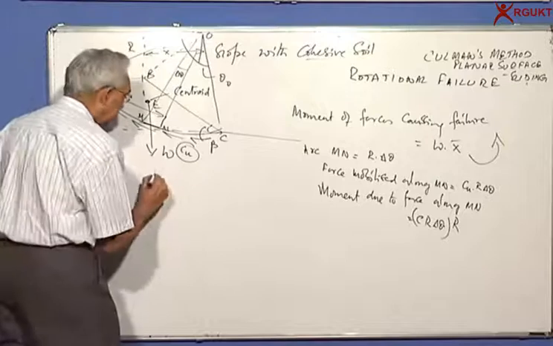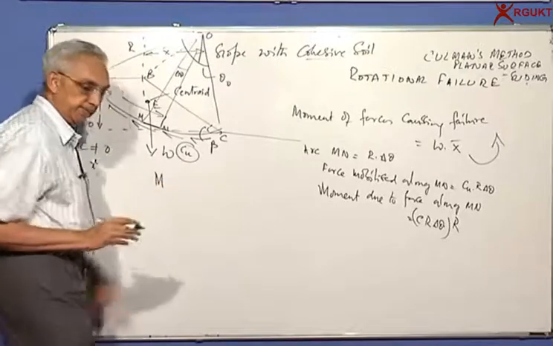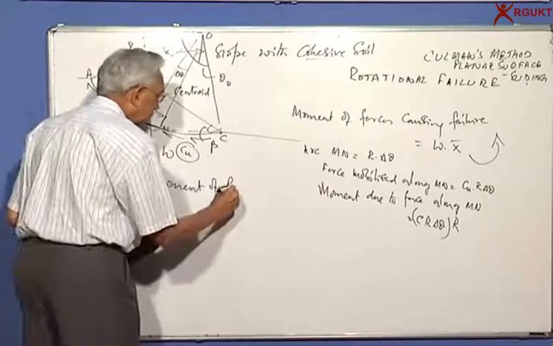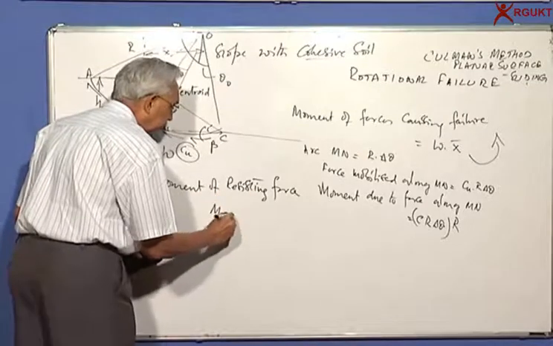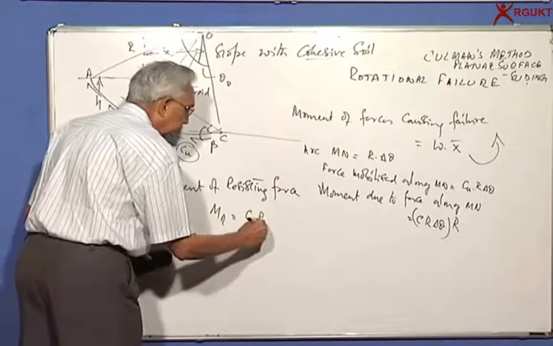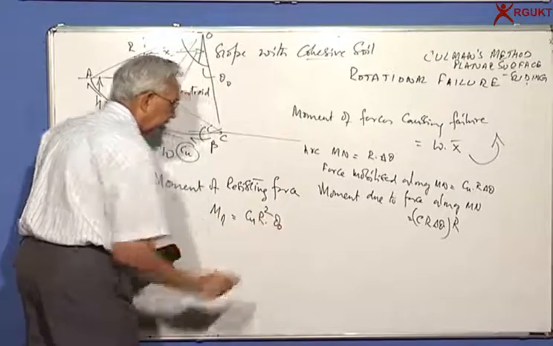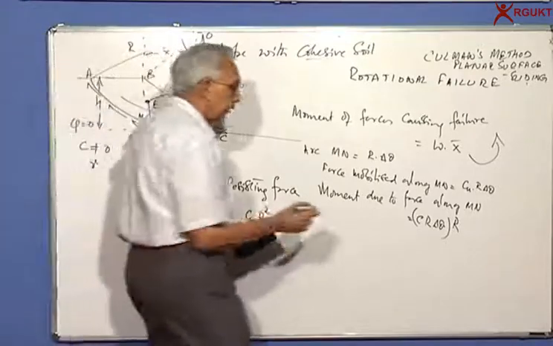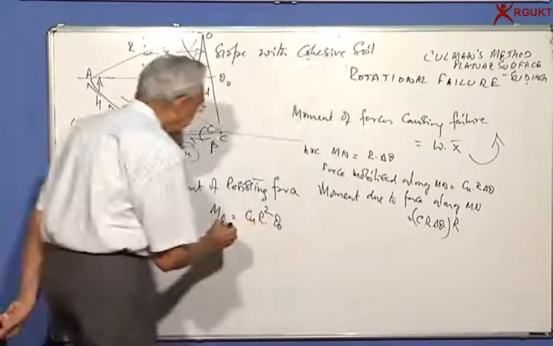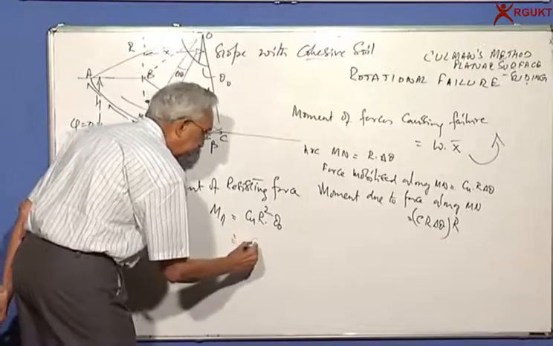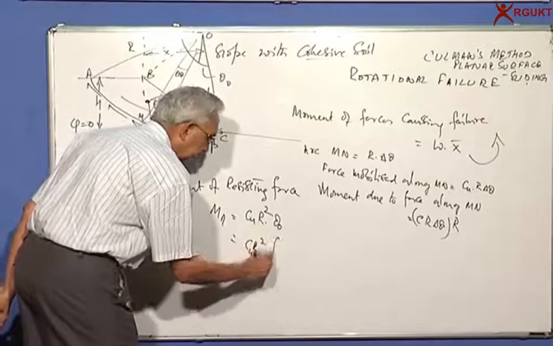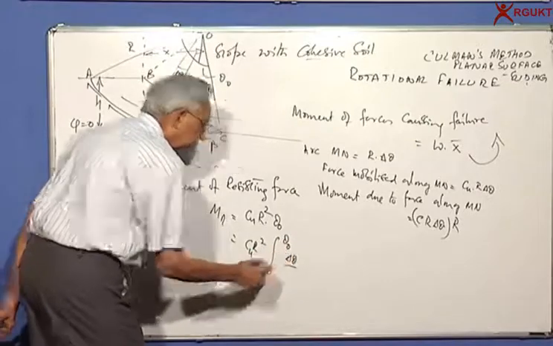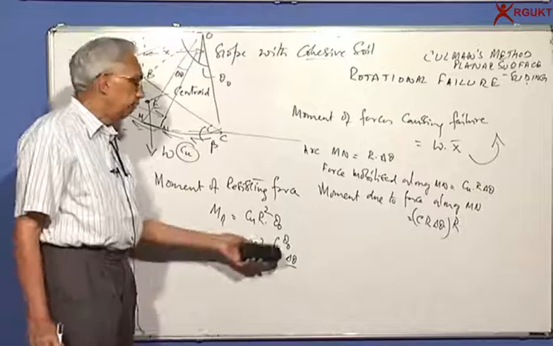So the total resisting moment, or moment of resisting forces, Mr is equal to Cu R square into theta naught. What we have done is basically integrate delta theta from 0 to theta naught. So Cu R square integral from 0 to theta naught of delta theta. When you integrate delta theta, it becomes theta.